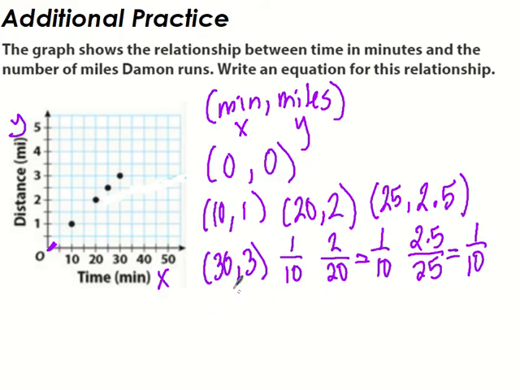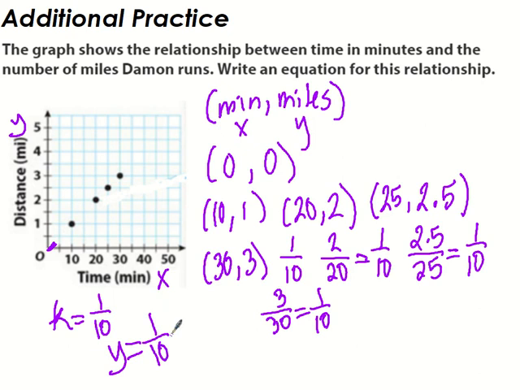And we've got our last one, 3 over 30 will reduce to 1 over 10. So I have found my k, my constant, it's 1/10. And since that's my constant, it was straight and goes to the origin. We can write our equation of y equals 1/10 x.